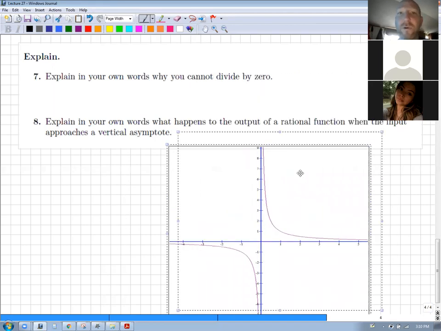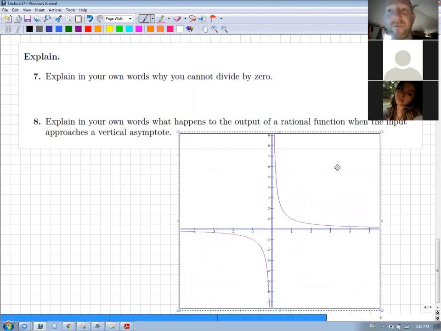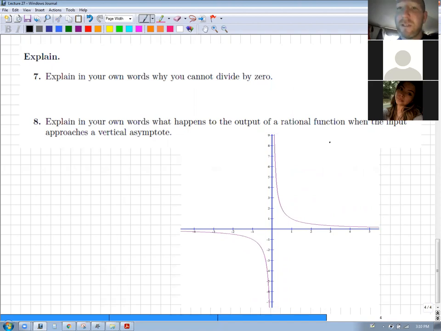And explain in your own words what happens to the output of a rational function when the input approaches a vertical asymptote. So this is 1 over x. All right, so what is 1 over 0? Well, as we get closer and closer to 0, if you're approaching 0 from the right, this thing goes to positive infinity.